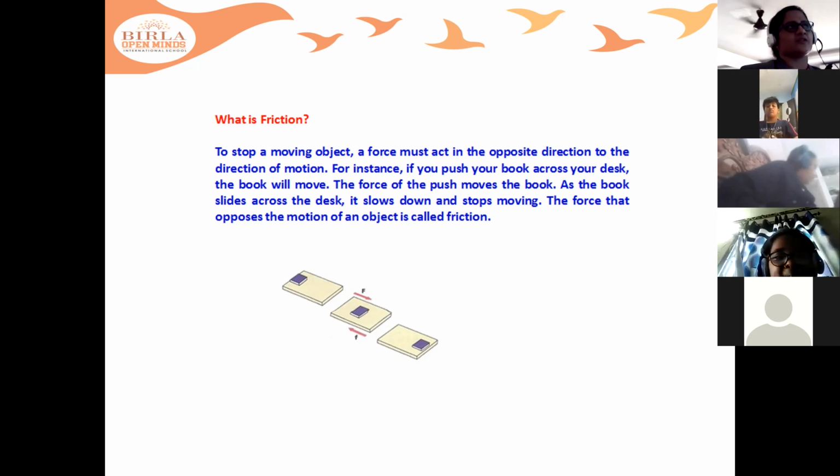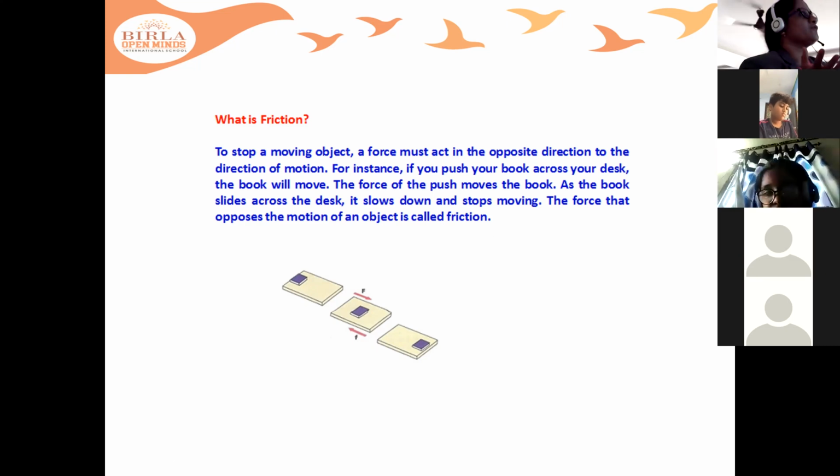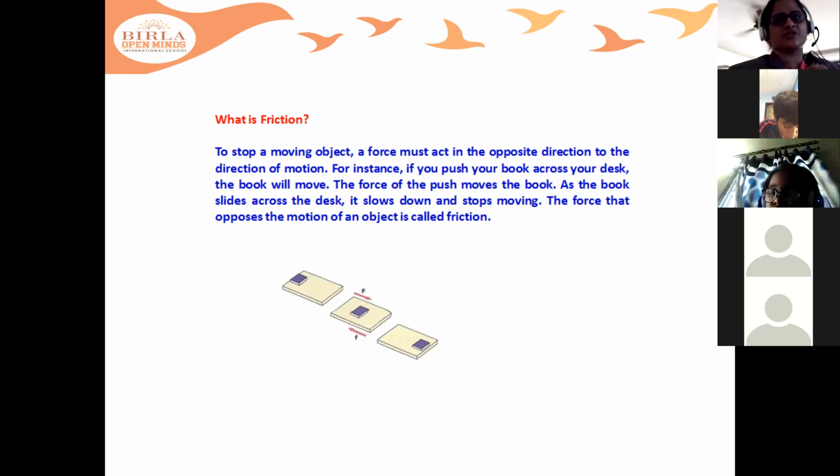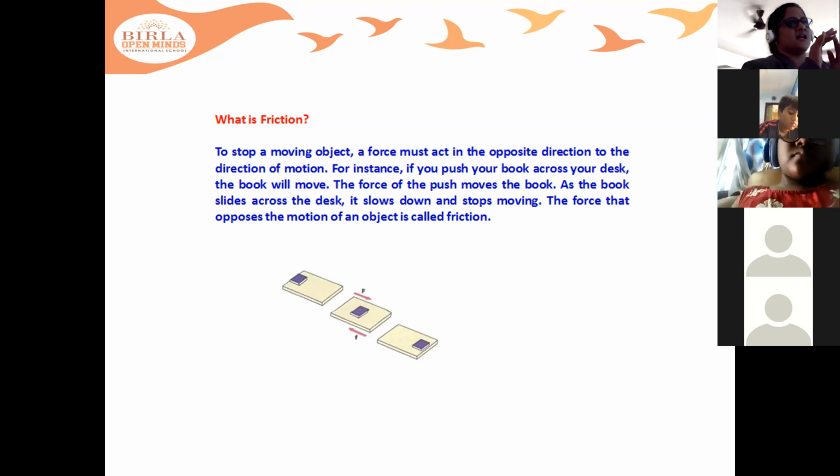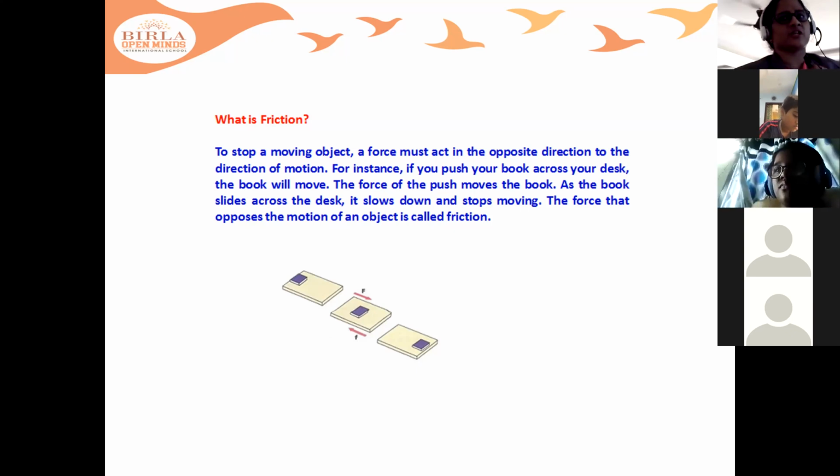I will tell you the reason why. The ball is not touching the surface completely, rather than a book, which is touching the ground completely, whereas the surface area of the ball is in the form of a circle. It's not touching the ground completely, only a small part of it is touching the ground.